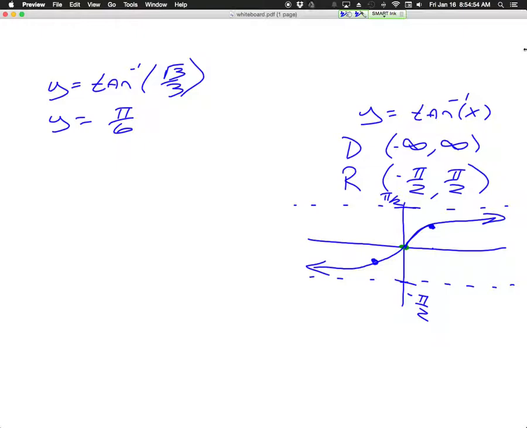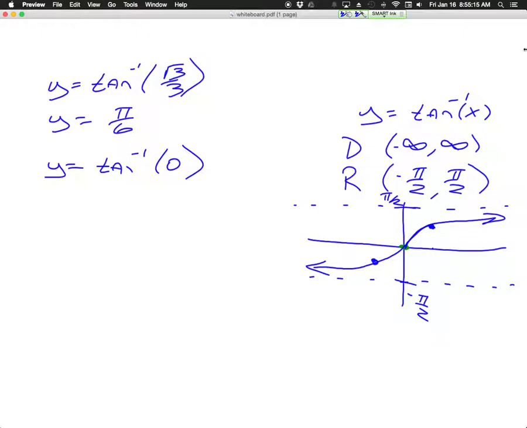Try another one. Y equals inverse tangent of 0. Would you have to refer to the graph? I have to refer to the graph because there is no 0. So if I look at the graph, I go to the x value of 0.